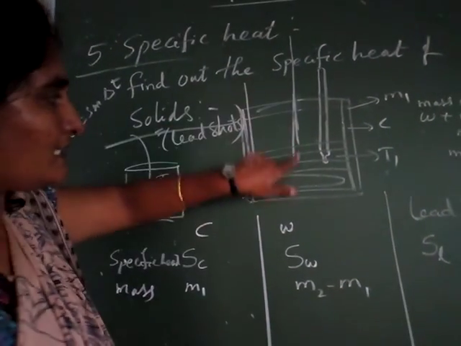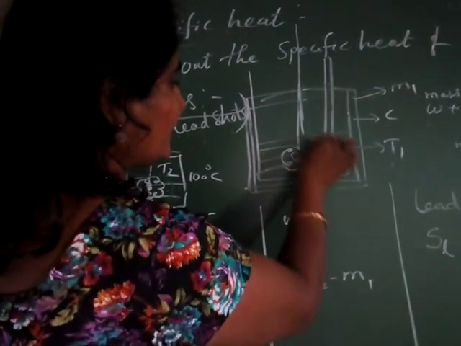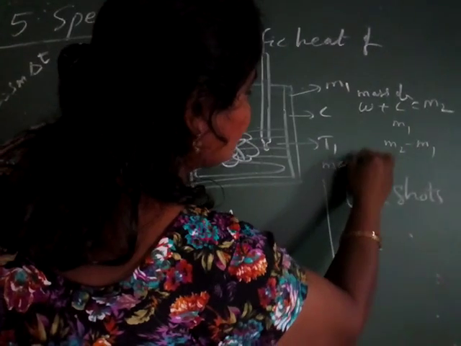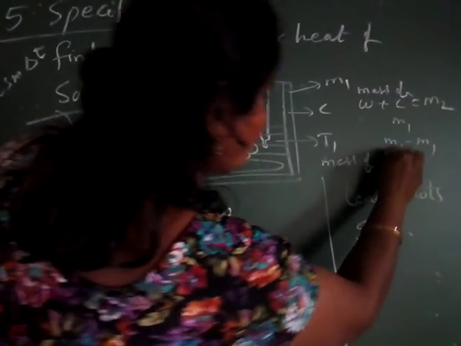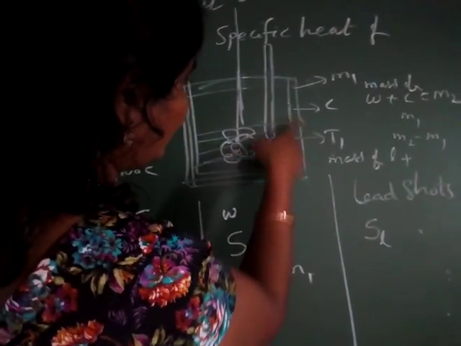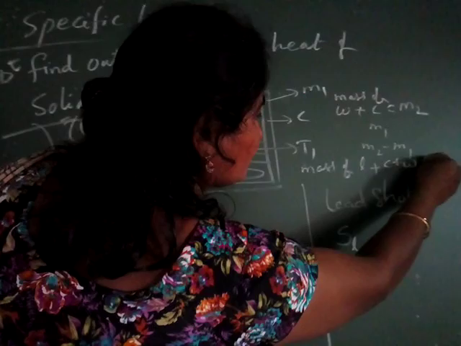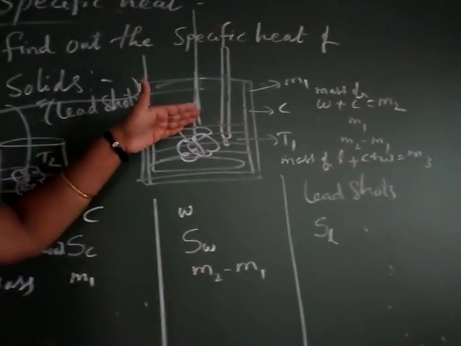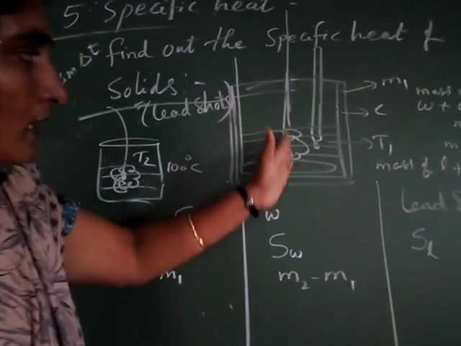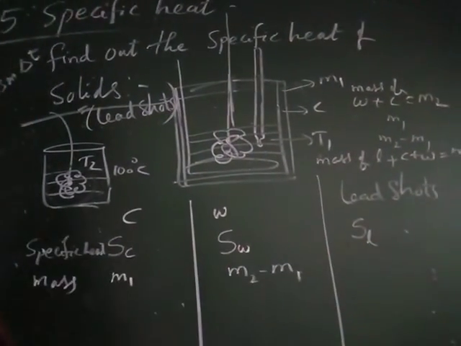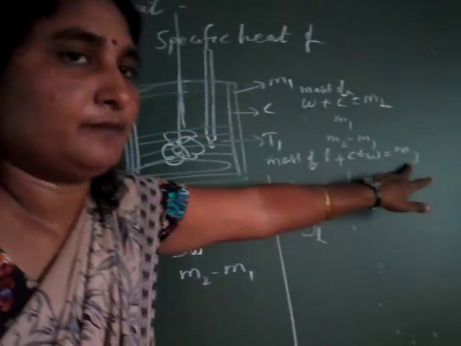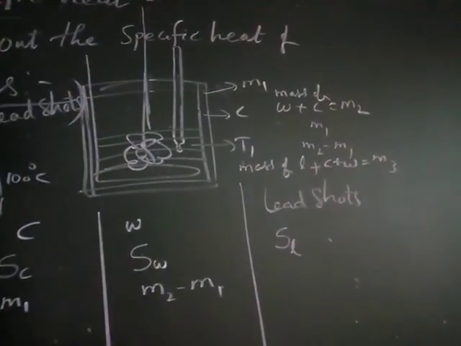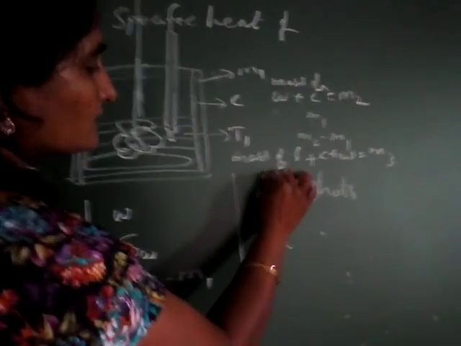Then you insert the lead shots inside the water, and we will get the mass of lead shots plus calorimeter plus water. That is m3. Do you understand? When you keep the lead shots in, you have to weigh the total weight. That is m3. The mass of the lead shots, calorimeter, and water is m3. Can you say how much the mass of the lead shots is?